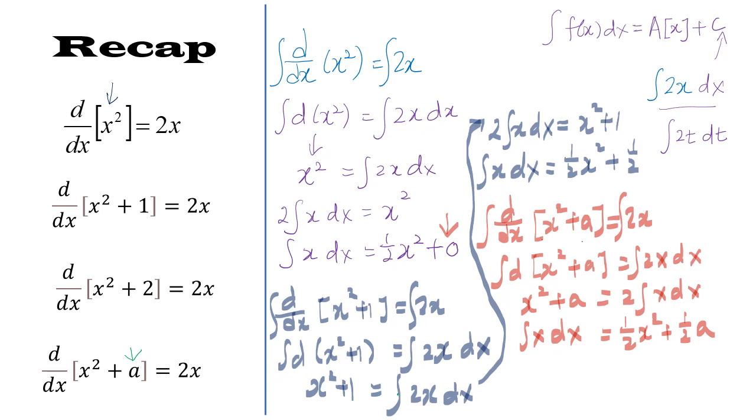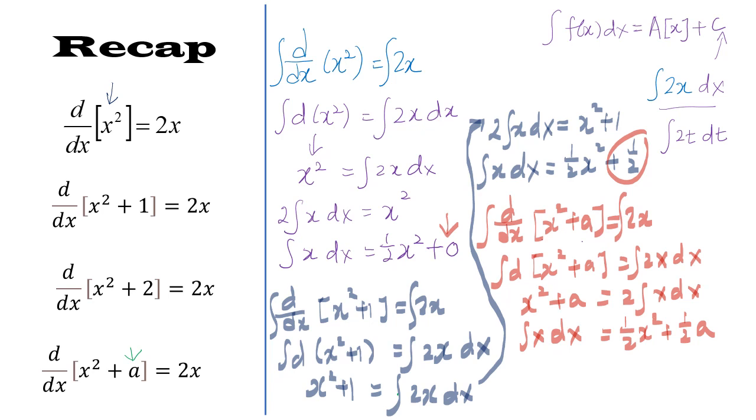But if you are differentiating x squared plus 1, then what you're getting is half x squared plus half. And if you represent all this with the constant a, what you need to get is not just half x squared, but half x squared plus half a.